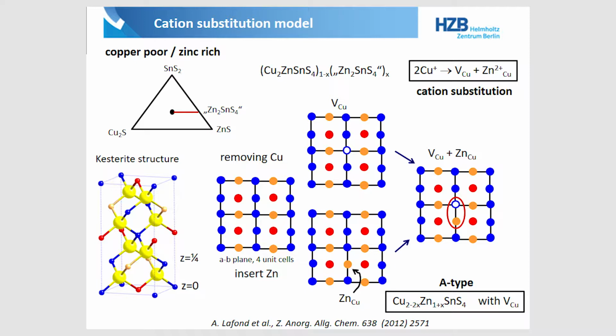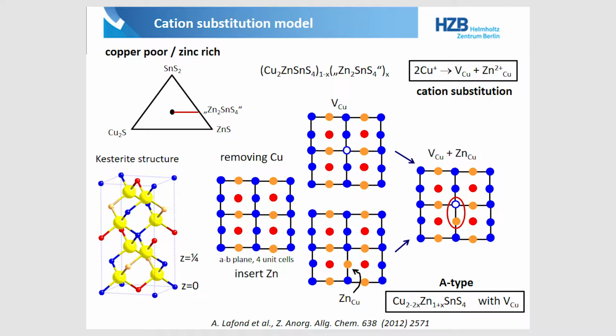You replace 2 copper by a copper vacancy and a zinc. So that means if you look in one of these planes here, you have copper and zinc and tin. This is this plane and that plane looking in this C direction. First you take the copper out to form a vacancy, and then you take another copper out and place a zinc on that site.